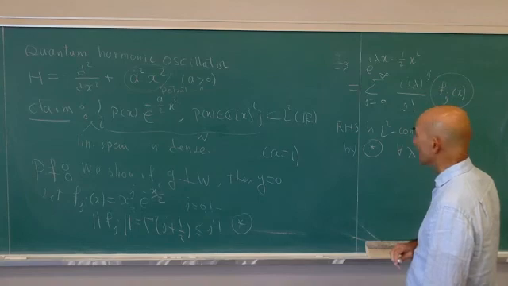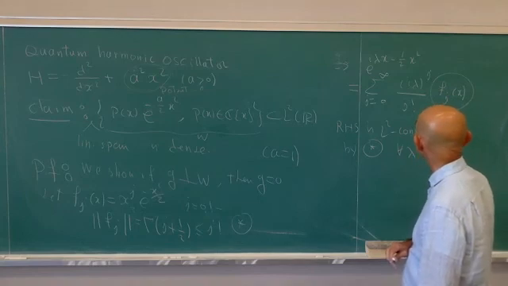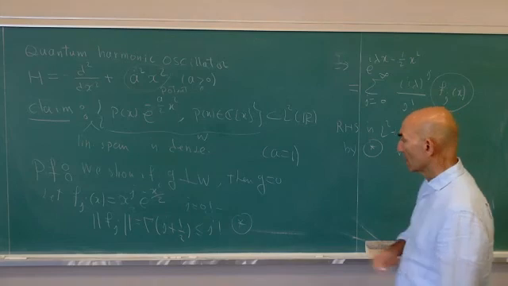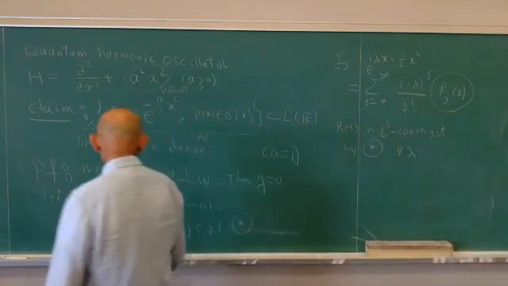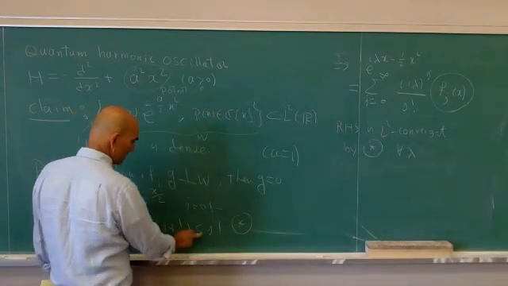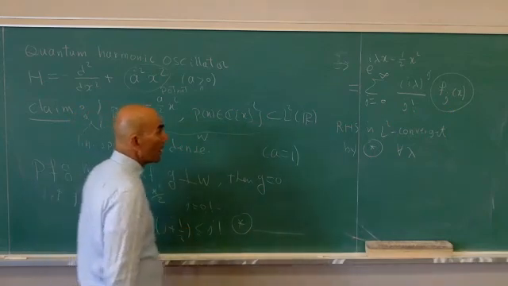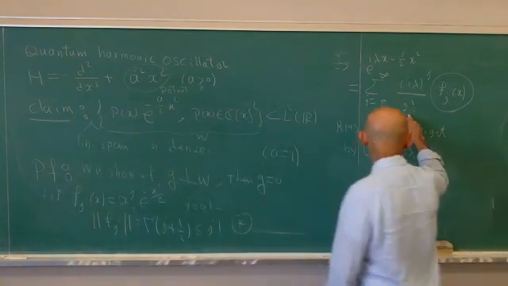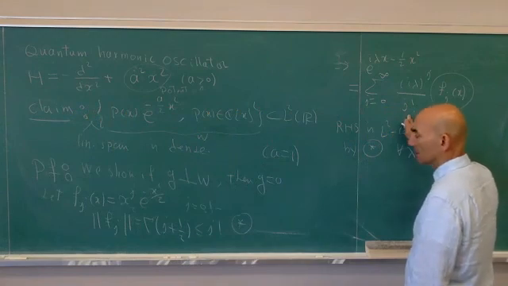No, I'm a bit worried now, because I've got gamma of j plus 1/2, and this is less than j factorial. I have j factorial here. That's not good.